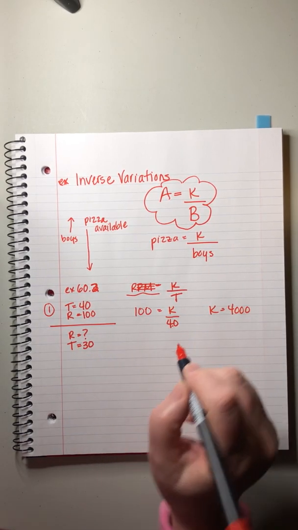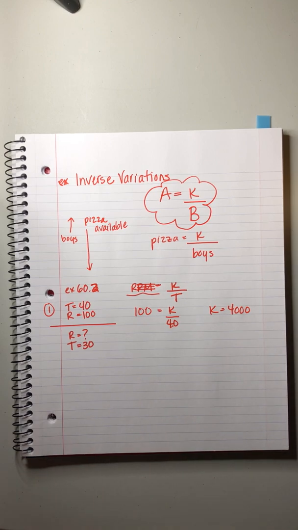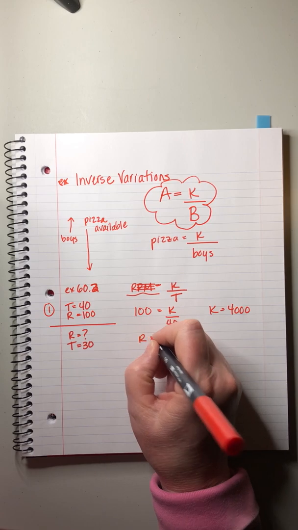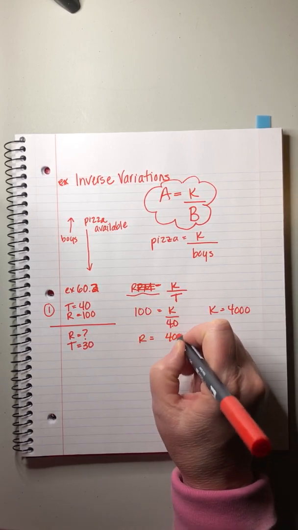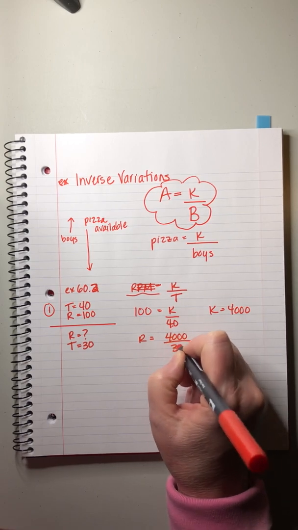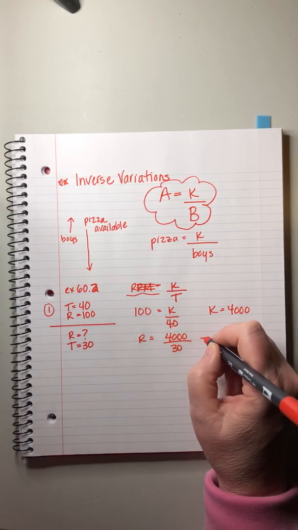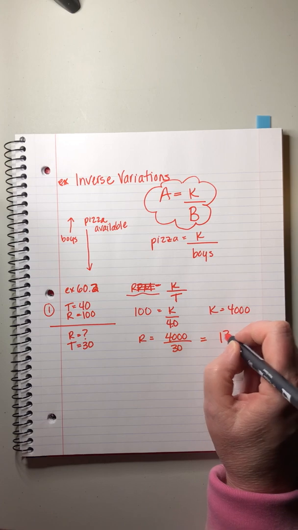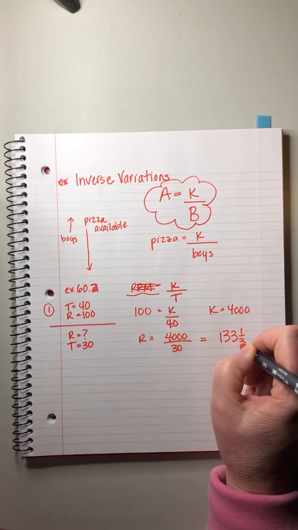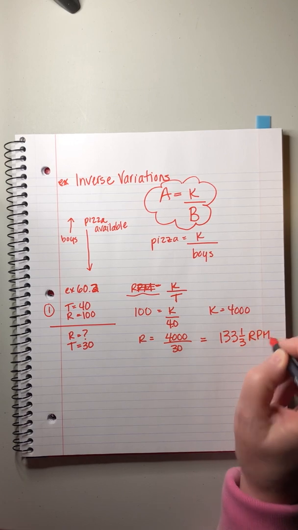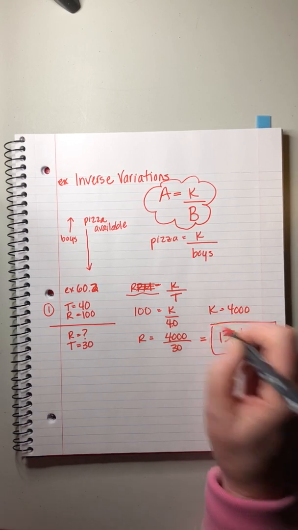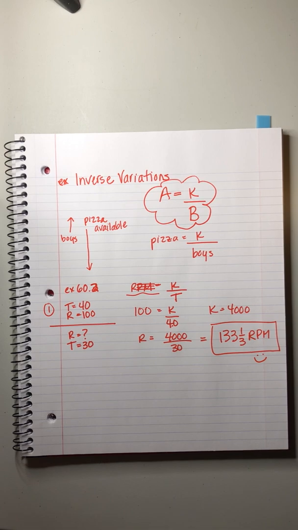And now we're over here, and we say that the revolutions that we want to figure out equals 4,000 divided by 30. You can do the division on that, but I'll tell you right now, it's 133 and 1/3 revolutions, and we can put revolutions per minute if we want. That's the right answer. Okay.